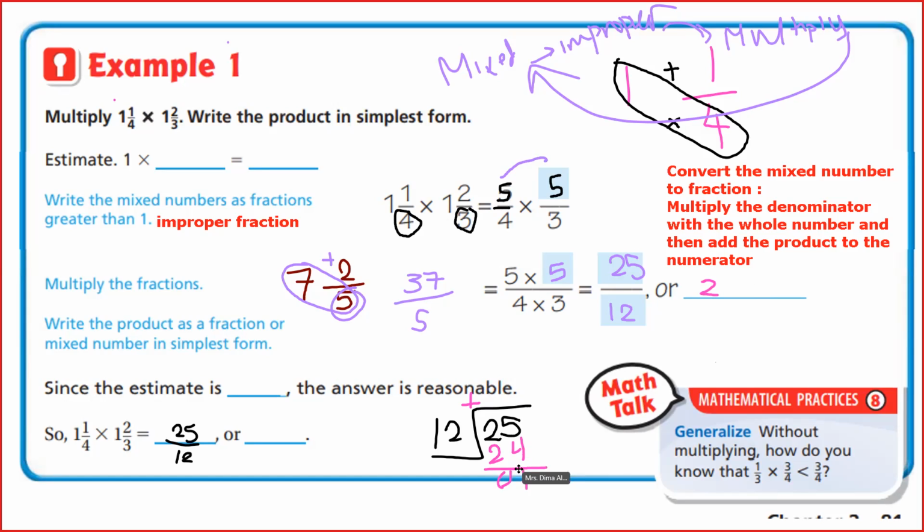Then take the remainder, which is 1, over the divisor. This is a rule. So it will be 2 and 1 over 12.